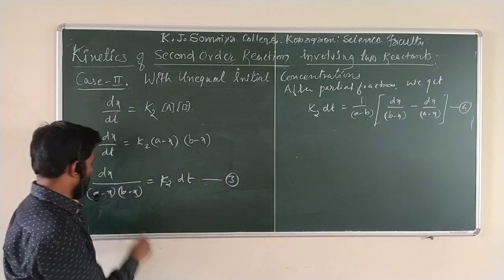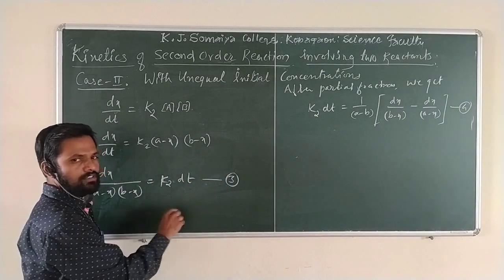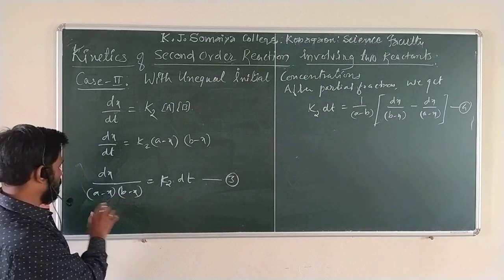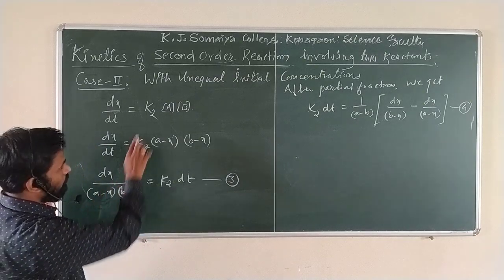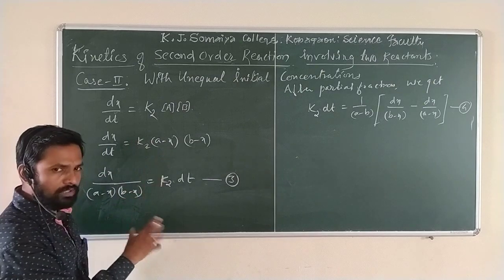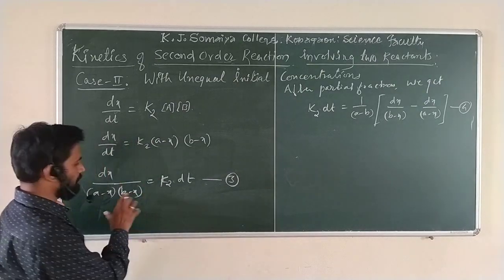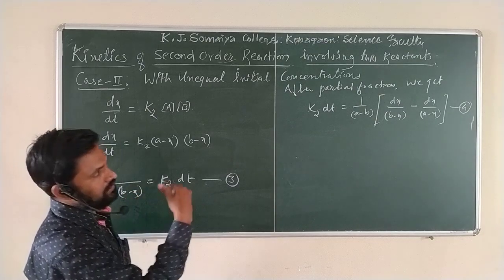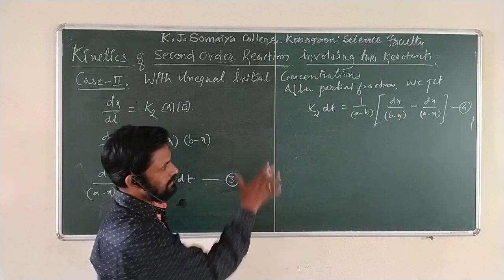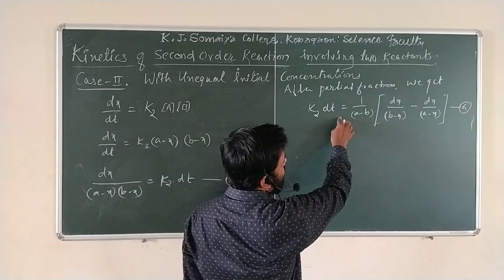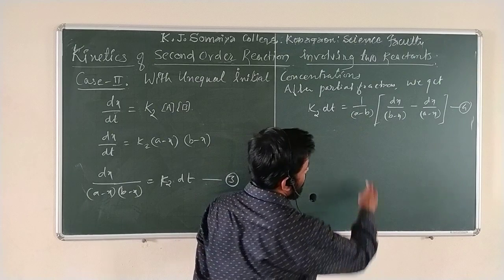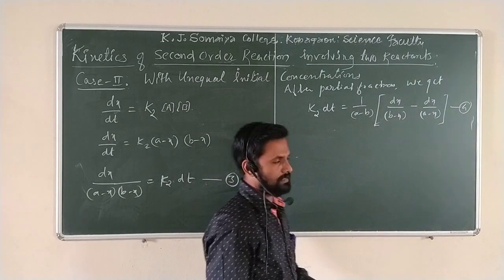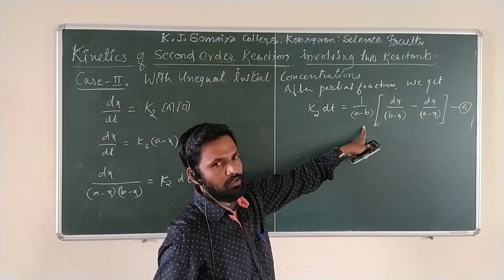Actually, equation number 3 we have to integrate, but it has different values: A is the concentration of A and B is the concentration of B, two different concentrations, so this equation cannot be integrated directly. After the partial fractions we get K2 dt equal to 1 upon (A minus B), dx upon (B minus x) minus dx upon (A minus x). After simplifying you will get this value.